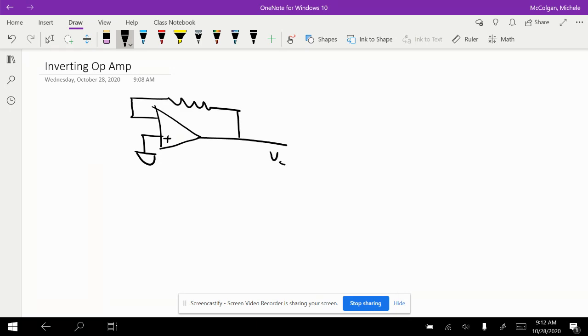This is my V out. This is my R2, and that is 22K. This is my R in, or R1, and that is 47K. And my V in here is going to be 3.2, so positive 3.2 volts.